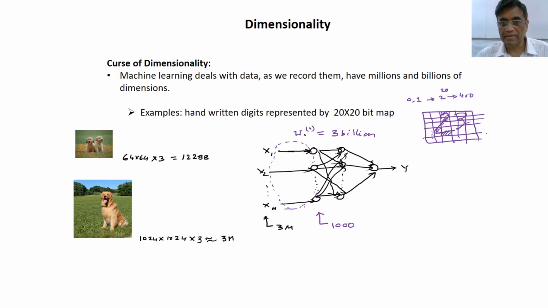For example, here the dimension of this W matrix only here in the first layer becomes 1000 cross 3 million. That means there will be 3 billion elements in this matrix itself. So we do not use this kind of fully connected layer. So we use convolutional neural network for processing such data.